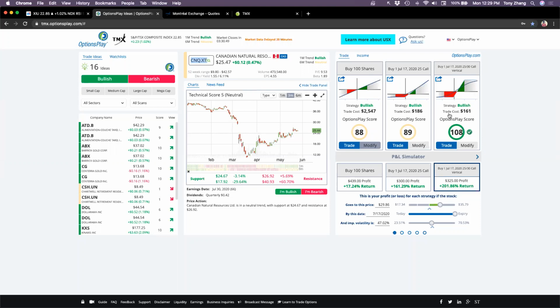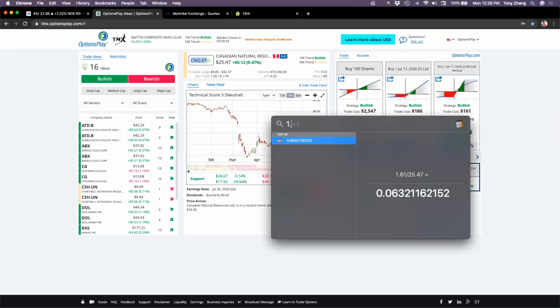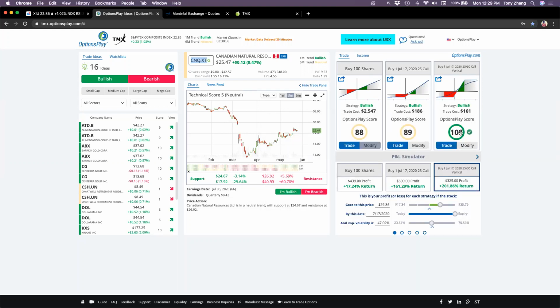Using a vertical like this is one of the best ways to limit your losses, because if you just bought a call option, you would be risking $1.86 on a $25 stock, which would be 7.4% versus 6.3%. So you're risking an extra 1.5% just by buying a call option as opposed to selling that vertical spread.